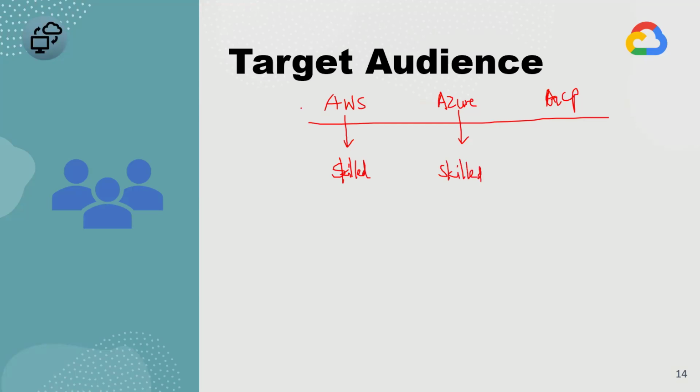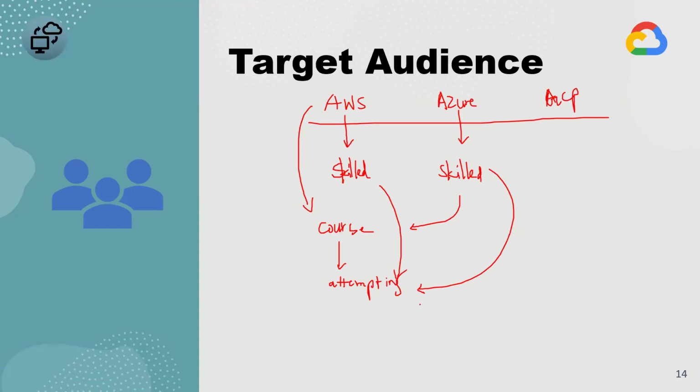And now you are learning the same course, the same AWS and Azure, and you are again attempting the job. Now tell me whom you are competing with for the job. These skilled persons you are competing with, yes or no? So when you are attempting to get a job against a skilled person, what are the chances of getting the job?